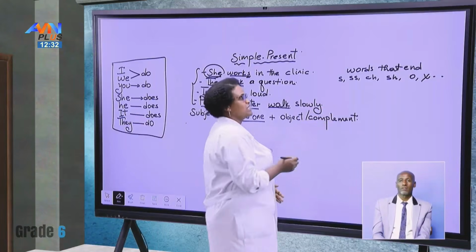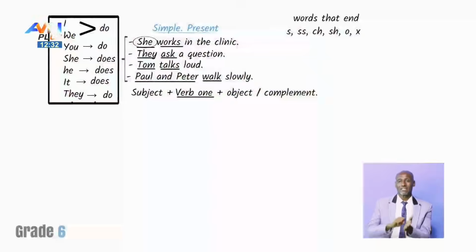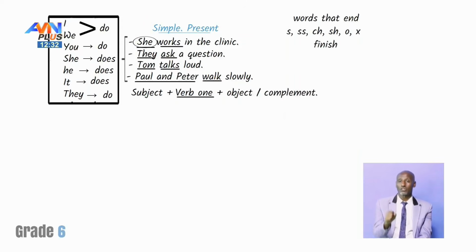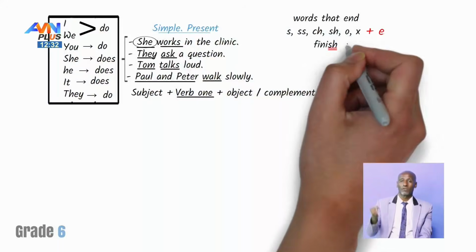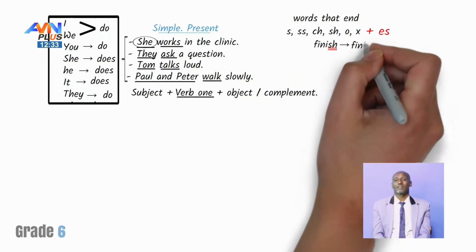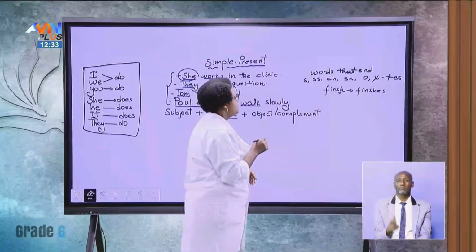Yeah, we add what? ES. Let's see, for example, in the case of the verb finish. It ends with SH. So, what do we need to do? We need to add ES. So, it becomes what? Finishes. All right? It becomes finishes.